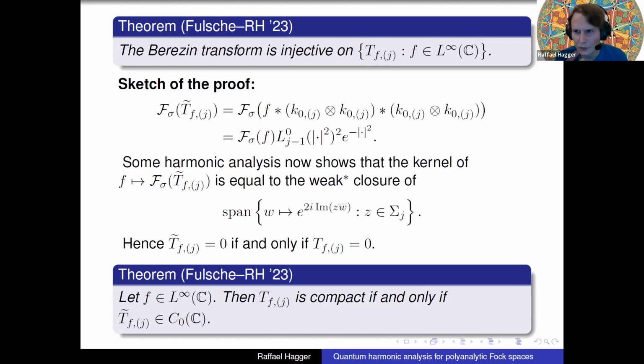So I don't think it's actually a thing in physics anymore, but it came back to mathematics a few years ago, and now people are trying to study more or less everything that you know from harmonic analysis. For example, Wiener's Tauberian theorem, and you have a corresponding result on the operator side, and so on.